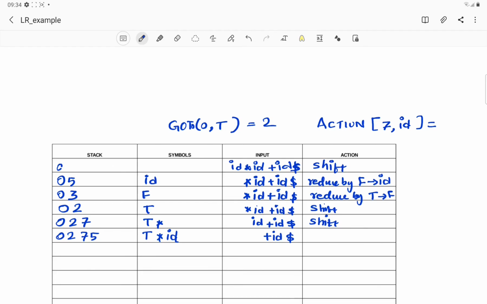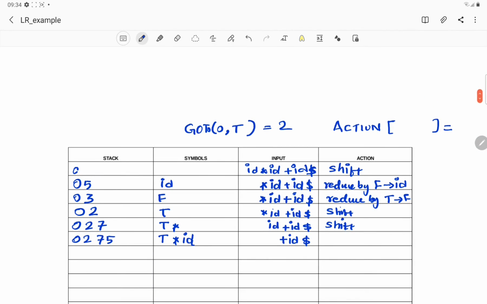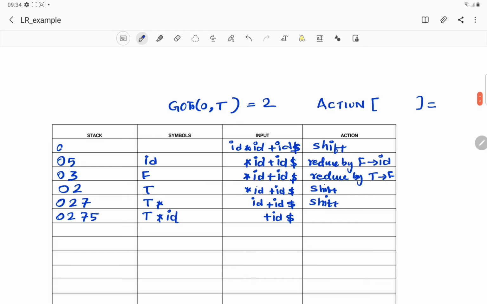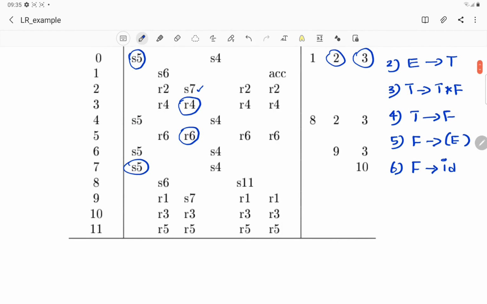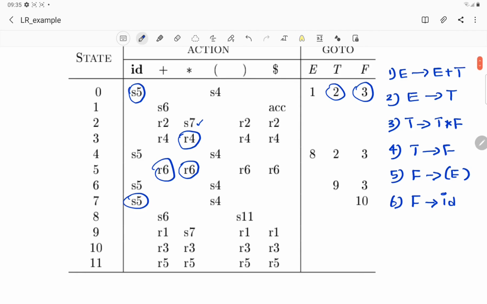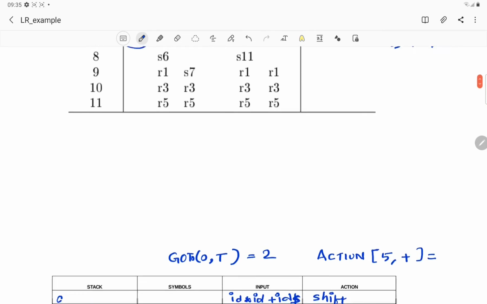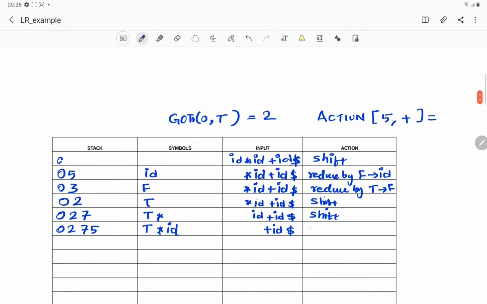So action of 5 comma plus is R6, reduce by 6, that is F gives id.